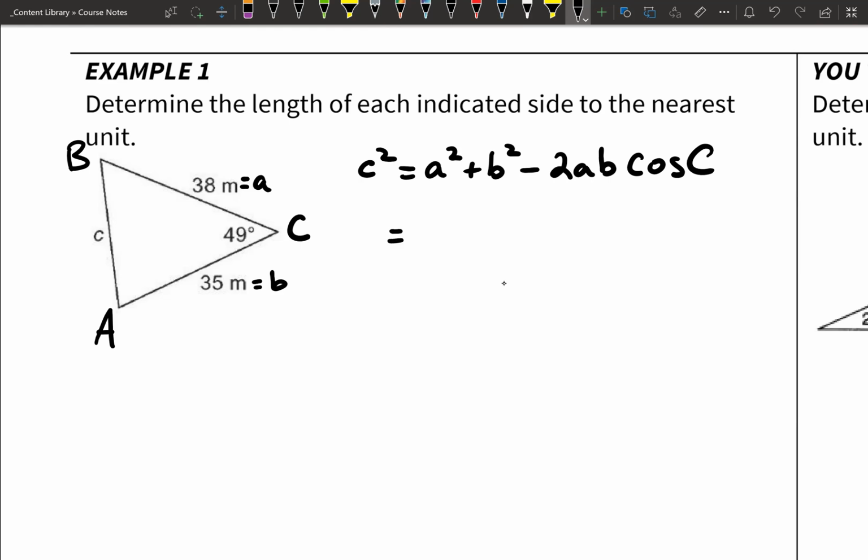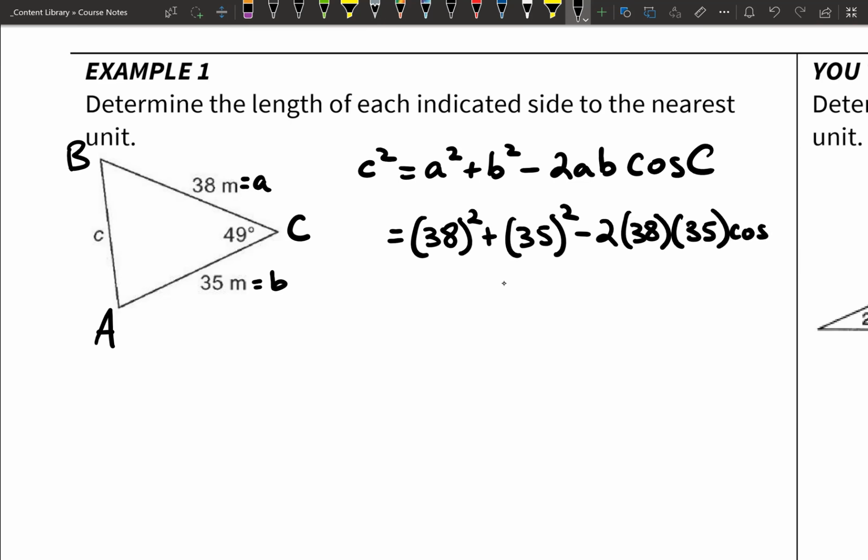So for A, I'm going to substitute 38, so 38 squared, plus for B, I'm going to substitute 35 squared, minus 2 times A, which is 38, times B, which is 35, times the cosine of angle 49 degrees.